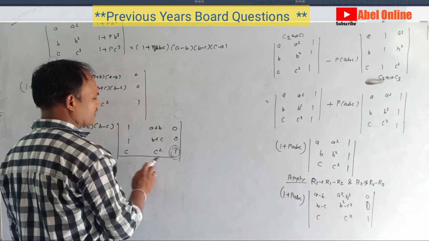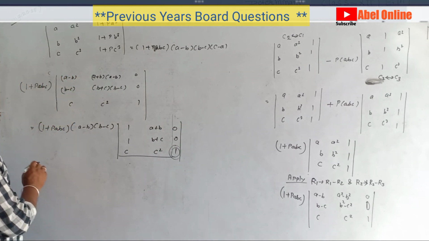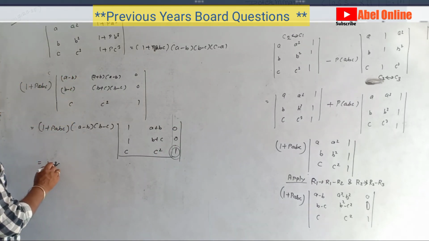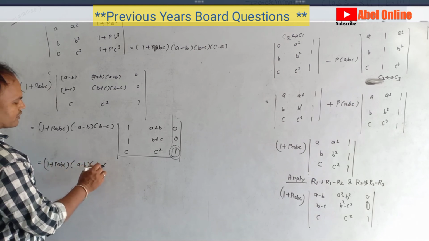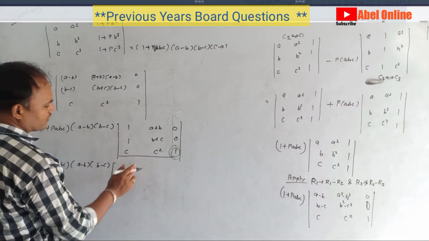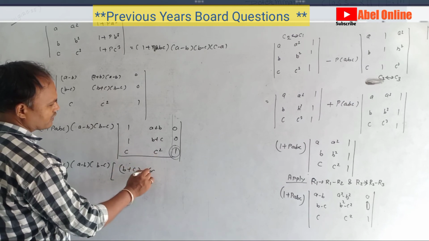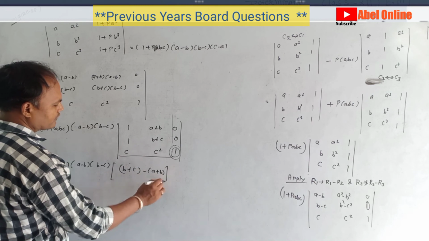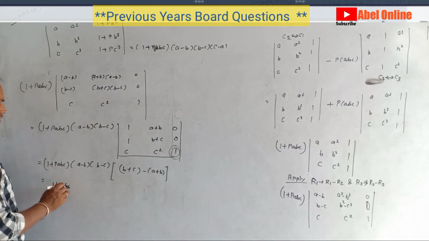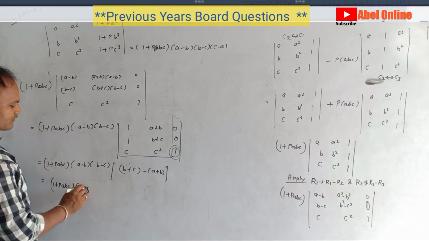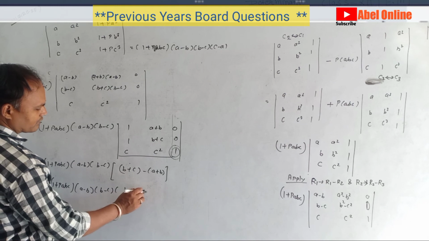If I operate, then this line and this line are removed. So what is the remaining part? The remaining part is 1 plus p abc, a minus b, b minus c, and here it is b plus c minus a minus b.